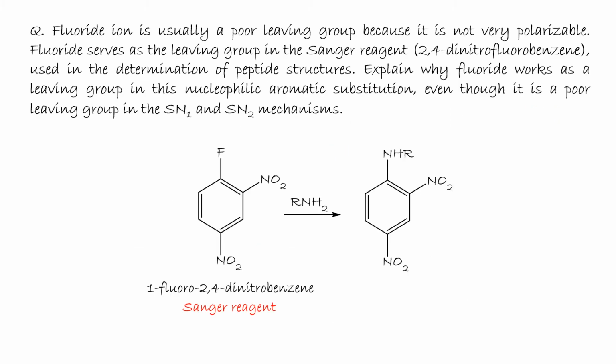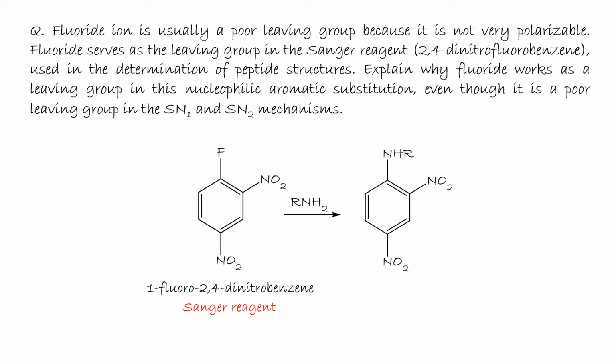Fluoride ion is usually a poor leaving group because it is not very polarizable. Fluoride serves as a leaving group in the Sanger reagent, 2,4-dinitrofluorobenzene, used in the determination of peptide structures.